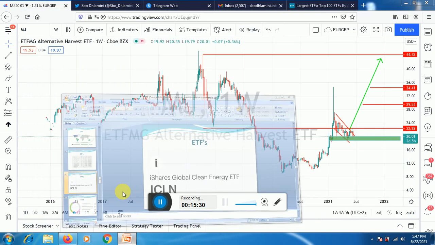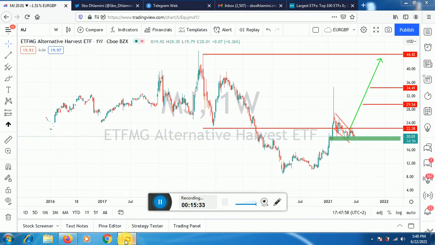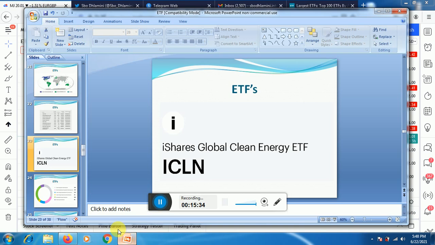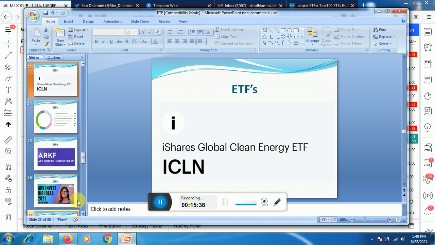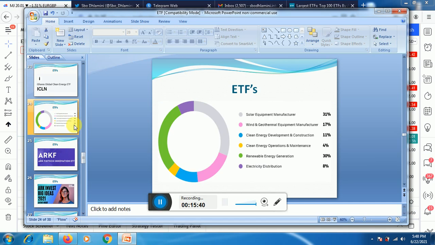As I said earlier on, as a young person, I'm trying to look at what are the things that we're going to need in the future. Since most countries are looking at the clean energy sector nowadays, they're trying to move away from traditional energy sources like coal.